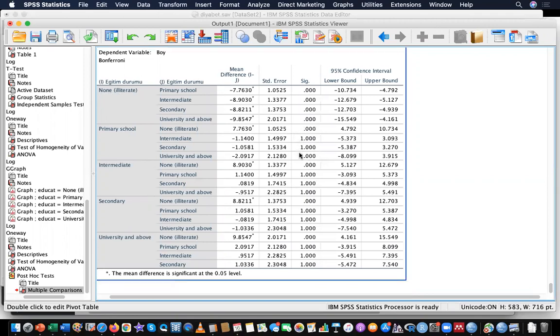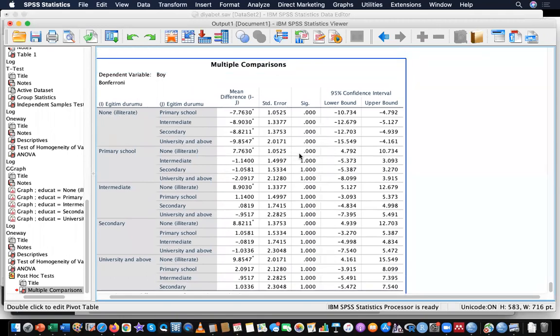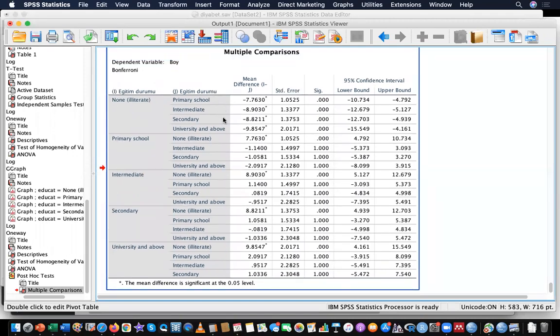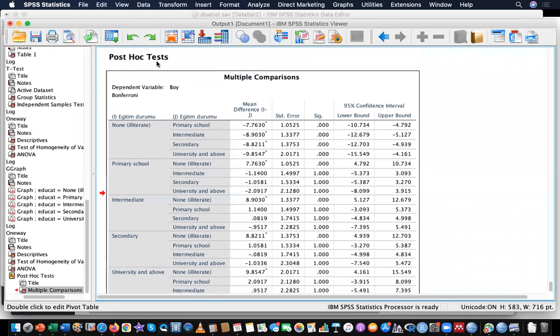That's interesting. So that's how we conduct the multiple comparisons without increasing the alpha error rate. How did we do this? We did a post-hoc test using the Bonferroni correction.